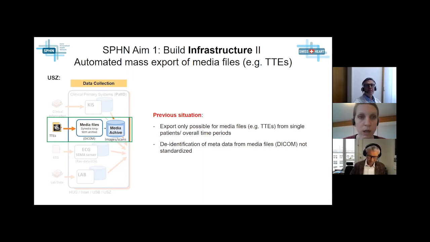So here we were able to establish an extraction. The de-identification of those TTEs, which are also exported in DICOM, was not standardized previously. There are many tools around which all do some kind of de-identification. However, there was an important lack of standardization in this regard.